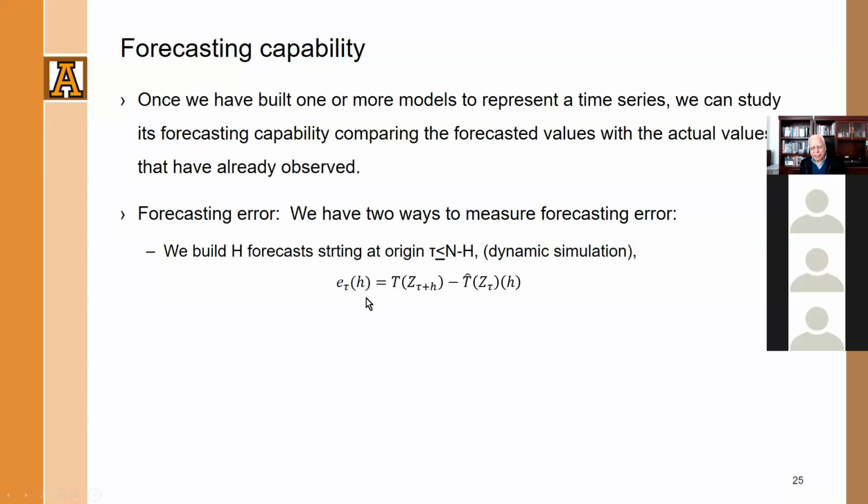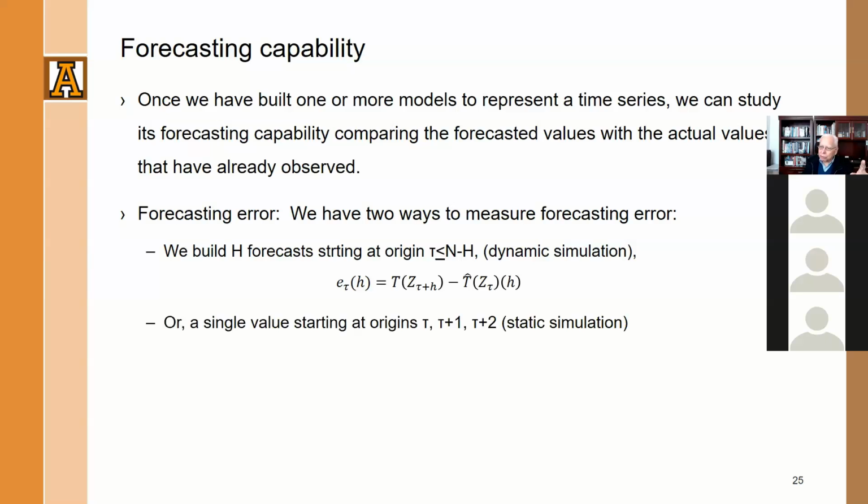Then I compute the error for 1 month ahead, 2 months ahead, 3 months ahead, based on the data that we already have. So we compute the differences between what we actually observe and what we forecasted we were going to observe. That's one way to evaluate the forecast. We take those errors and call that e of tau, H periods ahead.